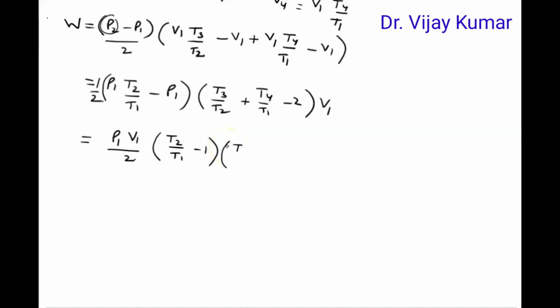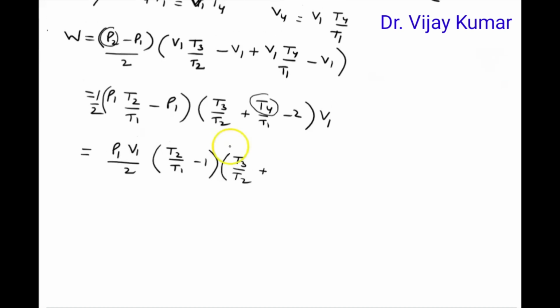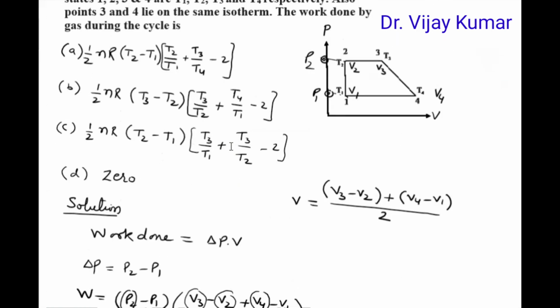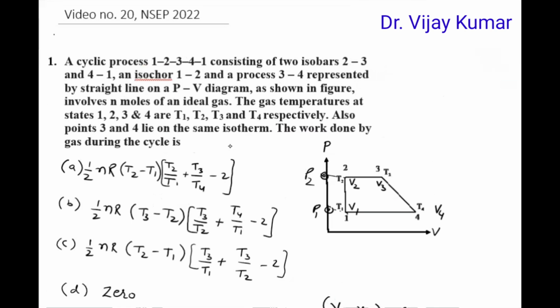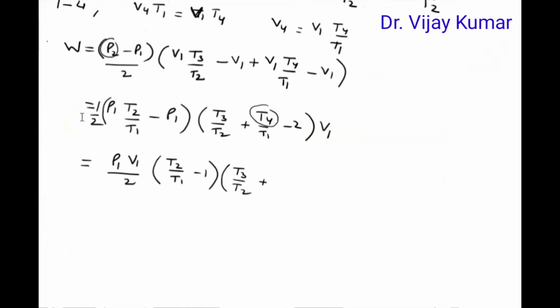T3 upon T2 plus T4 upon T1 minus 2. In the question it is given that points 3 and 4 lie on the same isotherm. It means T3 is equal to T4, so we can write T3 in place of T4.